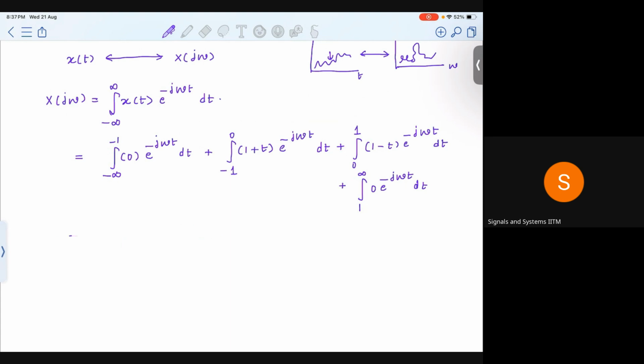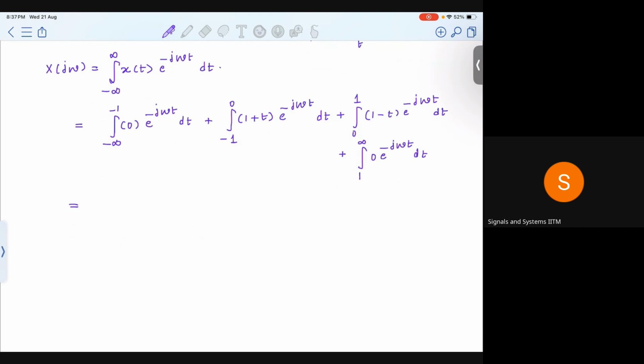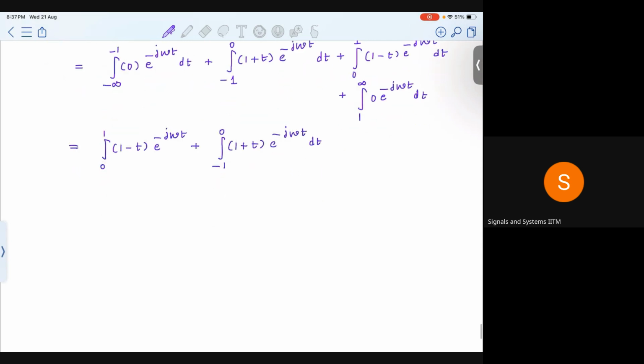When you solve this, what do you get? From 0 to 1, it is 1 minus t e power minus j omega t, plus from minus 1 to 0, 1 plus t e power minus j omega t dt. Let me do a change of variables. Let t prime be minus t.